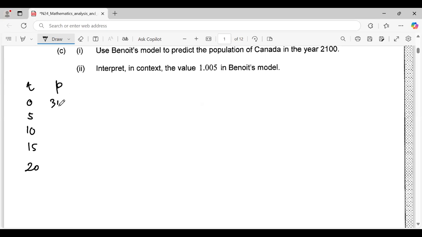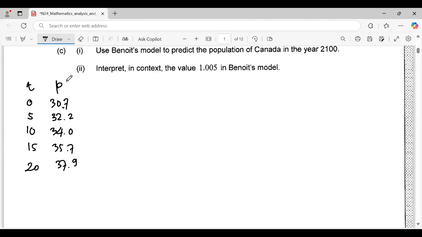P: 30.7, 32.2, 34, 35.7, 37.9. Actually, you can find the value of A and B through a calculator if you have one, but I would like to show you how we calculate manually by formula.